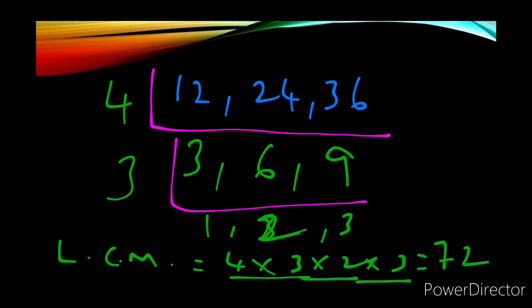So this is the LCM of 12, 24, 36. If numbers are given, we find GCD and LCM like this. At the same time, if polynomials are given, how can we find GCD and LCM? Let's continue.